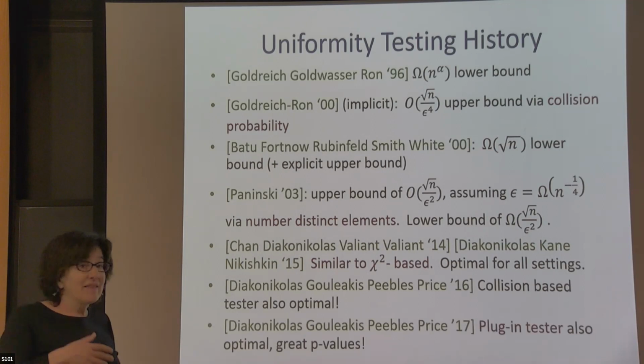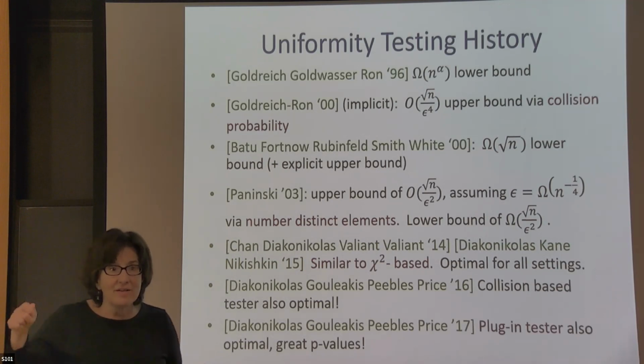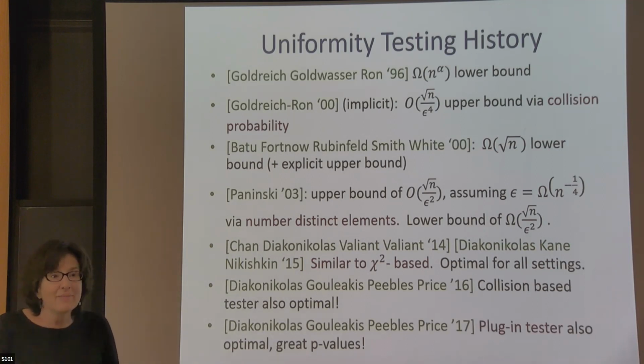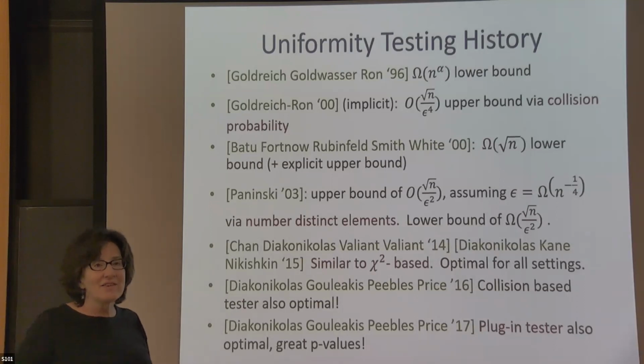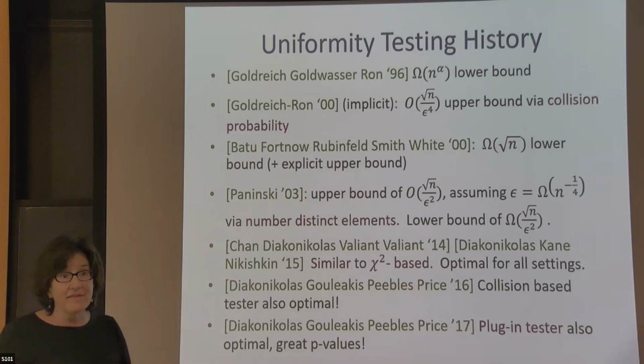And then they showed that the plug-in tester, which is kind of really weird because it's actually trying to learn the probabilities of each element, is also optimal. It's just estimating the probability of each element based on the sample, but they're only taking root n samples, so it's going to be bad on all estimates. And furthermore, that plug-in tester has really good dependence on the confidence.